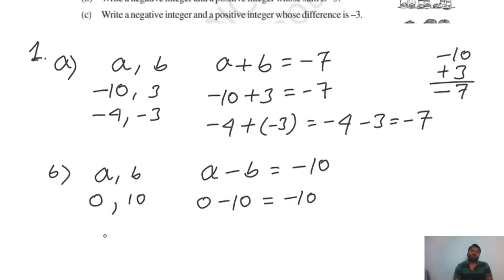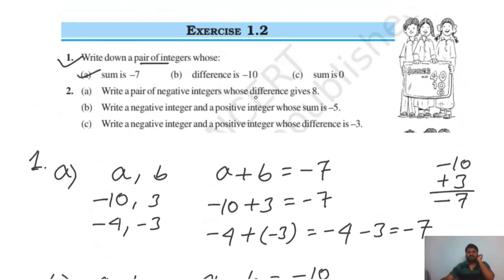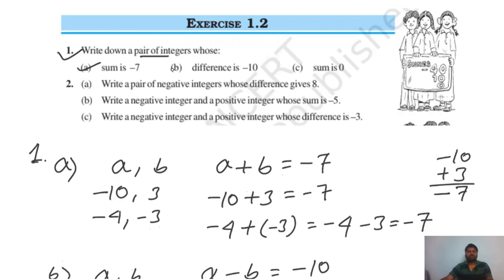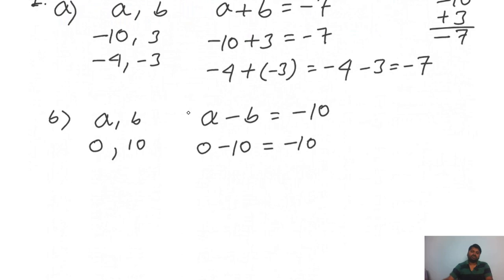Or you can choose 0 and -7, but this number we can always choose non-zero. Here the problem does not mention non-zero numbers, so we can also choose any kind of number.